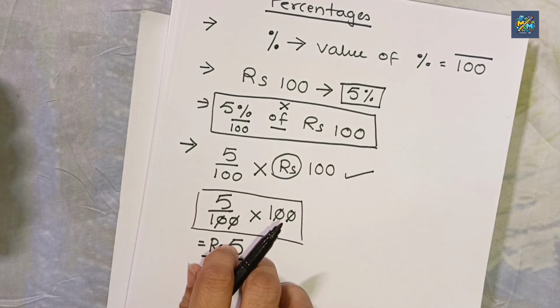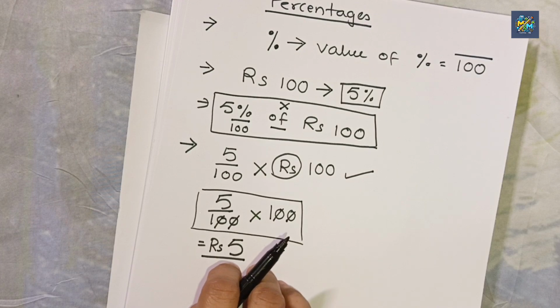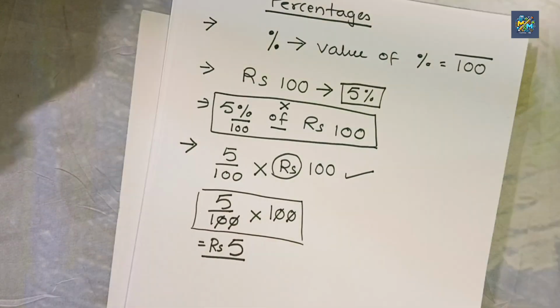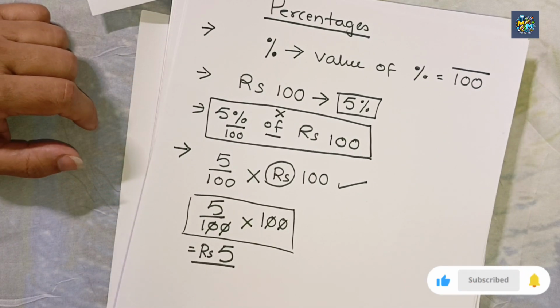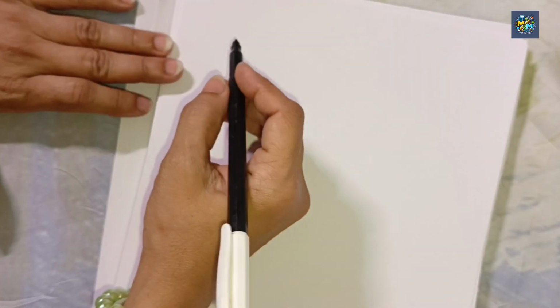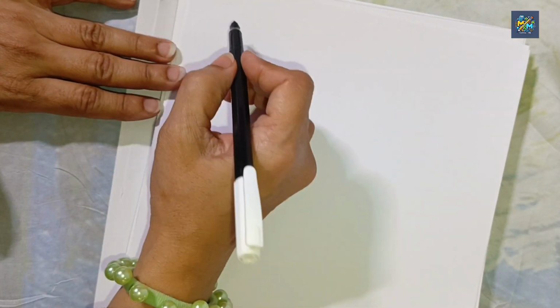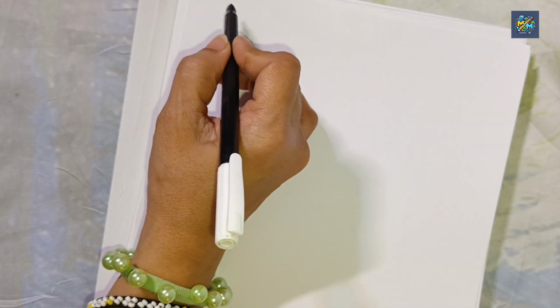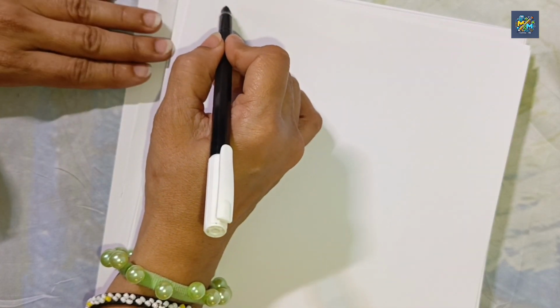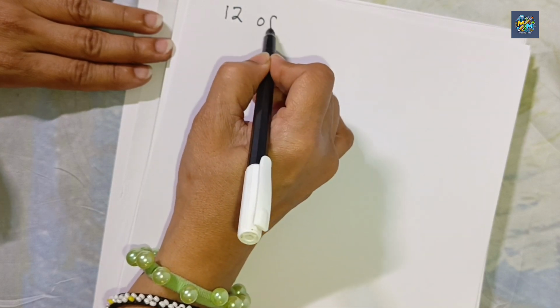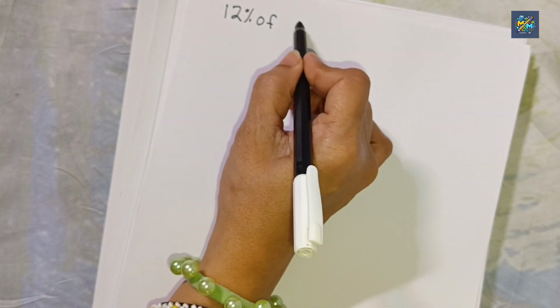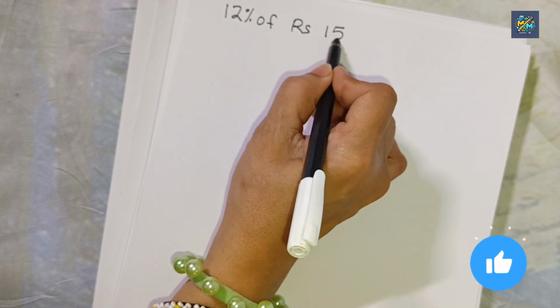What is the rule for this? I'm going to share a few rules with you, and you have to always remember them. But before sharing the rule, I will write one more sum to make learning easier. Let's assume my sum is 12% of rupees 150.